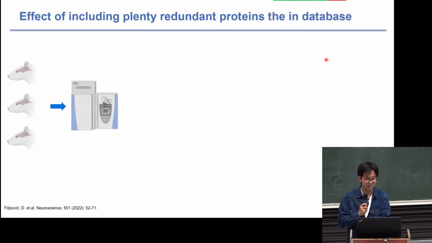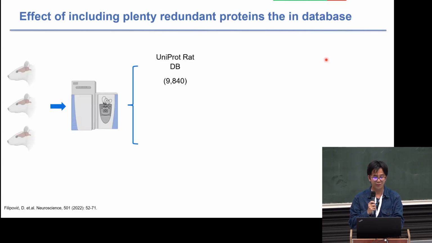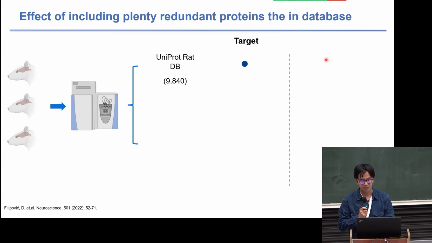This is proteomics data from the rat brain, from 3 different rats. If we want to do the database search, of course, we will just use the UniProt rat sequences. But in this case, I would like to show you the negative part of putting too many redundant sequences in the database.